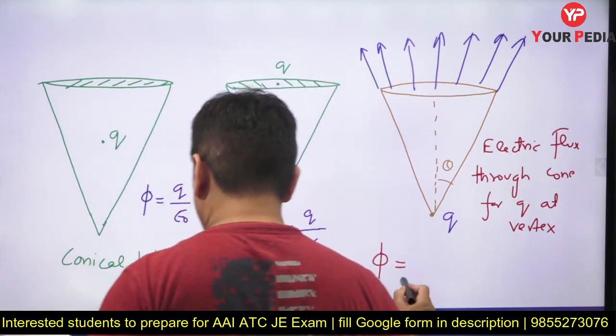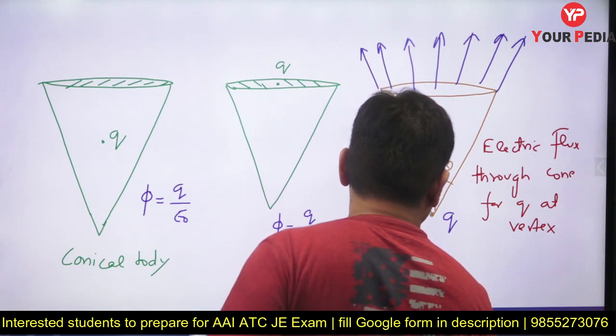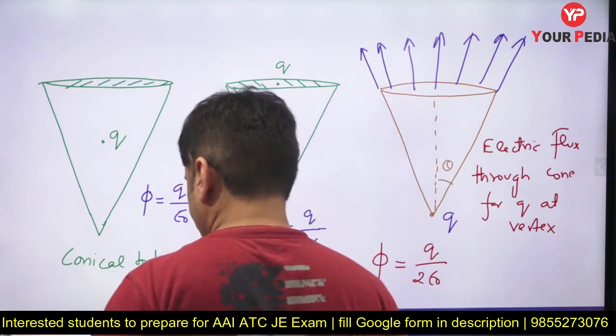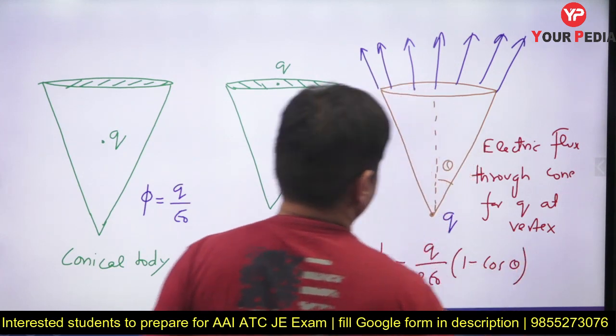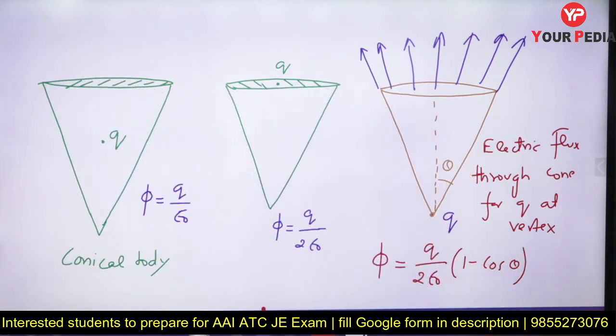Phi is coming out to be Q by 2 epsilon naught times (1 minus cos theta). That is the value which is coming.